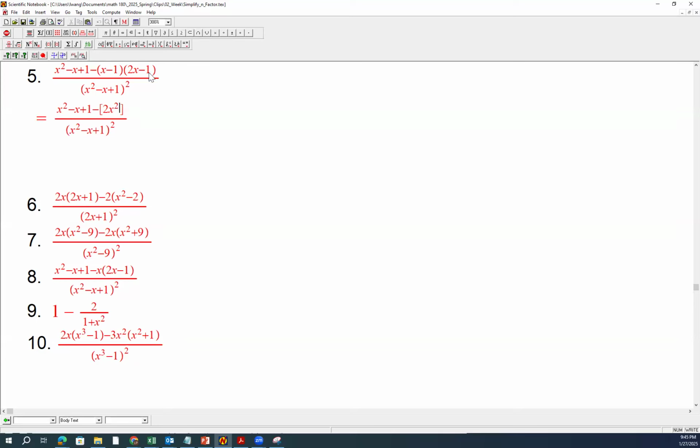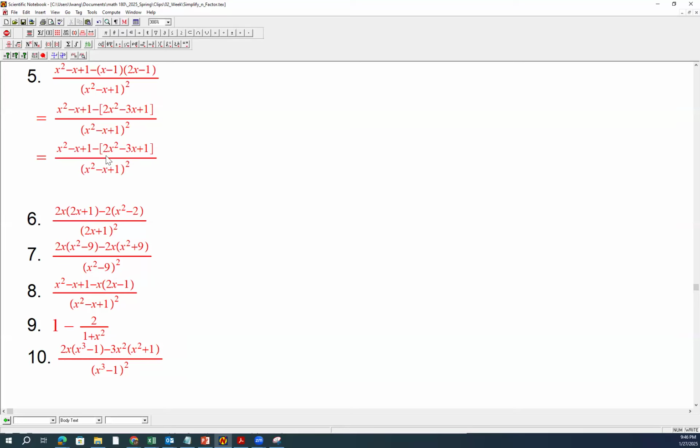X times negative 1 is minus x, minus 2x plus 1. I'm combining this as minus 3x. That's my habit, so I don't mess up.